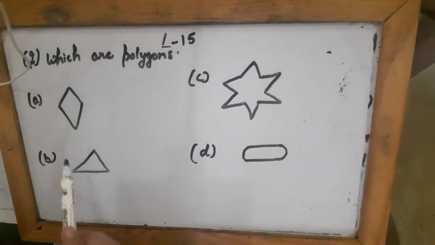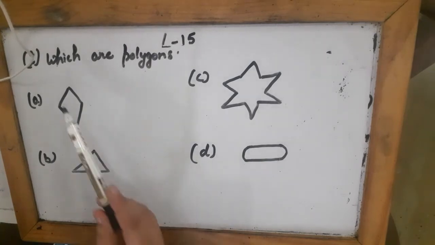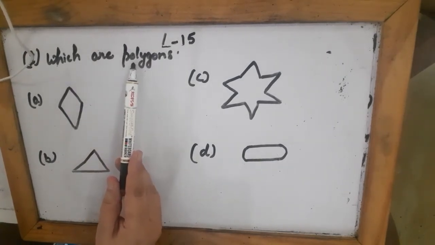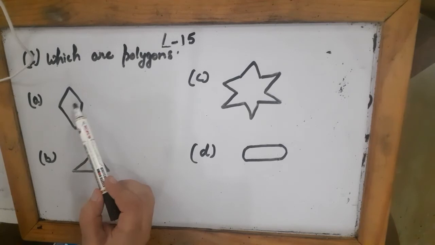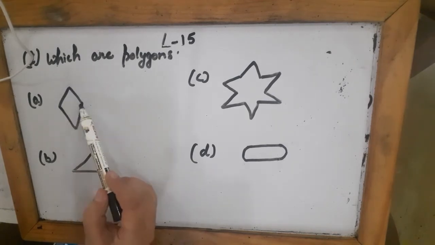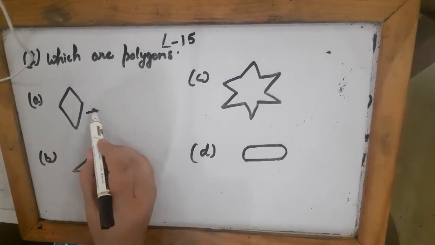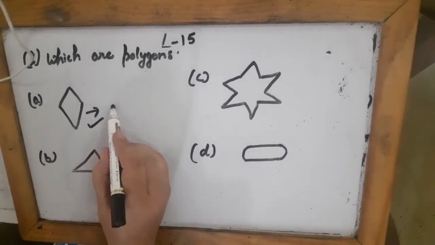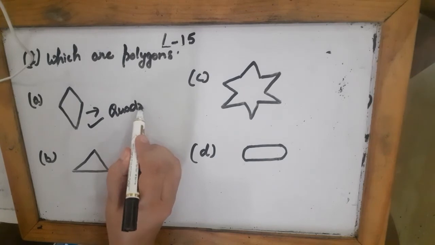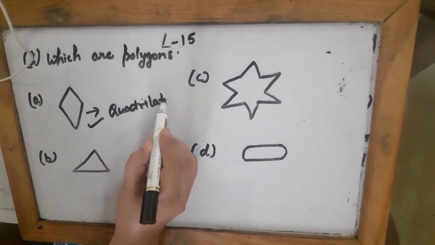In the second question, they have given you some figures and they are asking you which are polygons. As you can see in the first, this A part, this is a figure which has four line segments. So is this a polygon? Yes, this is a polygon and it has four sides. So this is a quadrilateral.